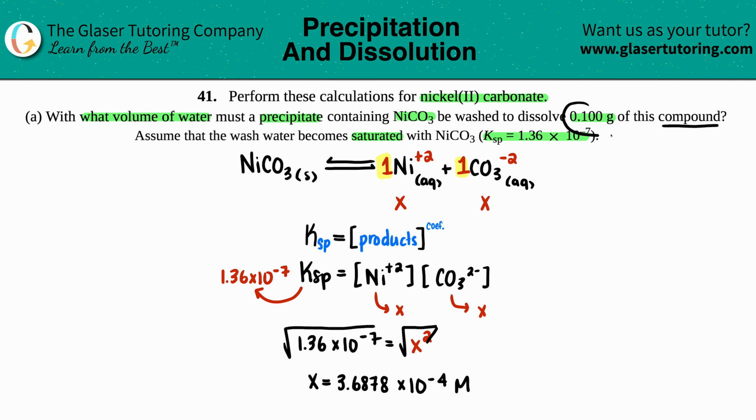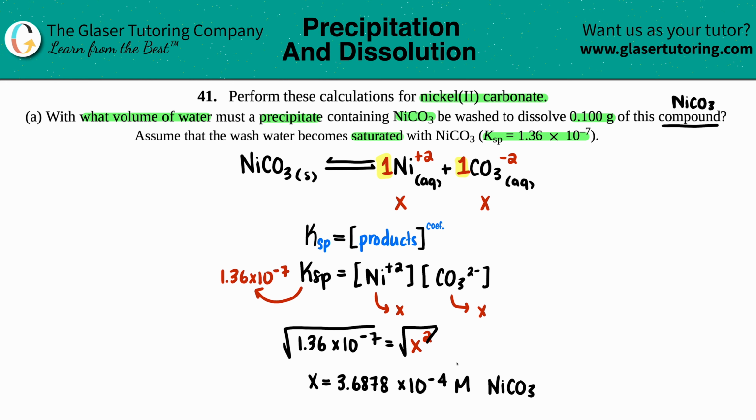So this value has to go with just the NiCO3. I know that they want us to focus on the NiCO3, not necessarily the ions. But remember, even though this is not in the Ksp, there's still a number for this value. It just wasn't in the Ksp because it was a solid. But since there was a 1 in front of here, and this is like a 1x, this x value is the molarity also of the NiCO3.